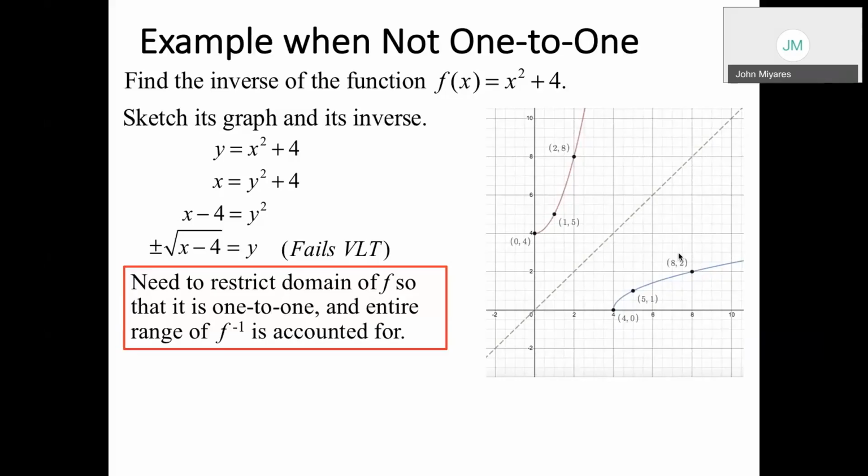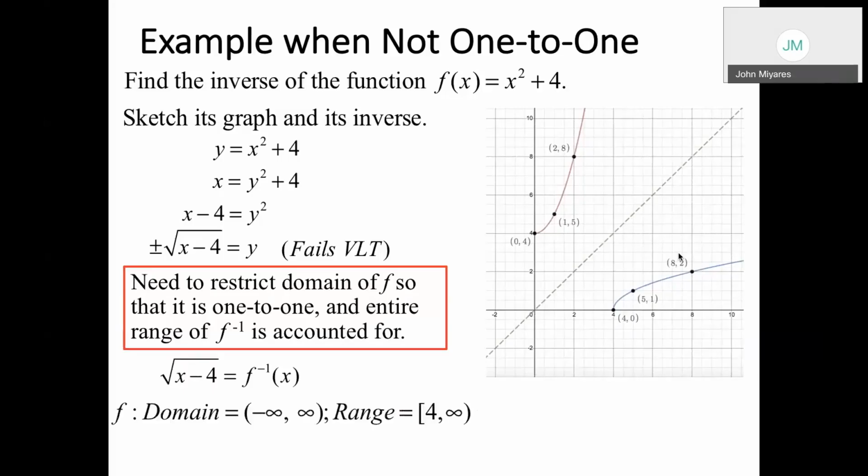Simplifying our result, what we say is that the inverse of our function f will be the square root of the quantity x minus 4 without the plus or minus in front, which will imply that I'm only interested in the positive square roots coming out of this function.